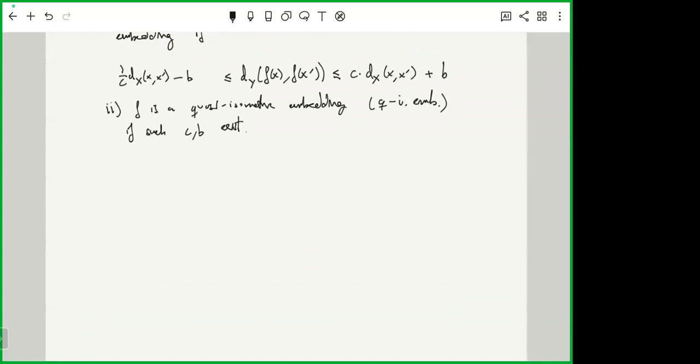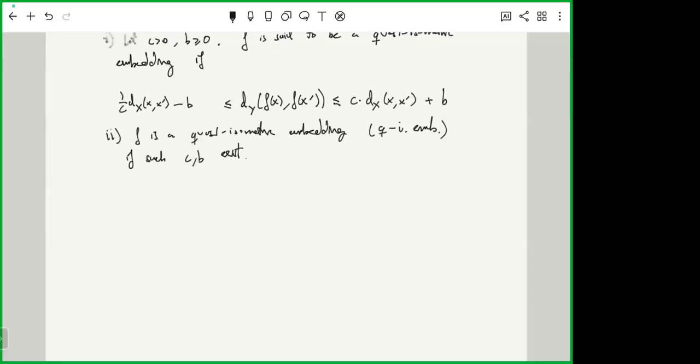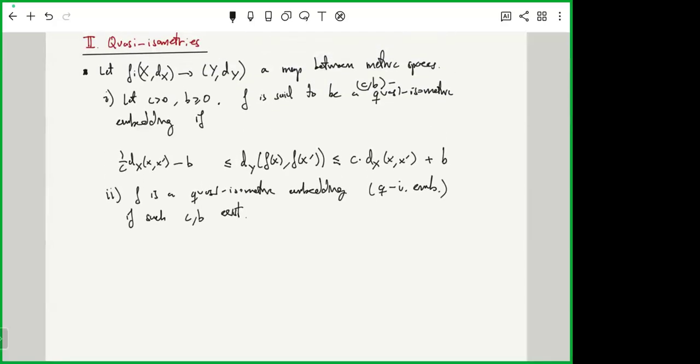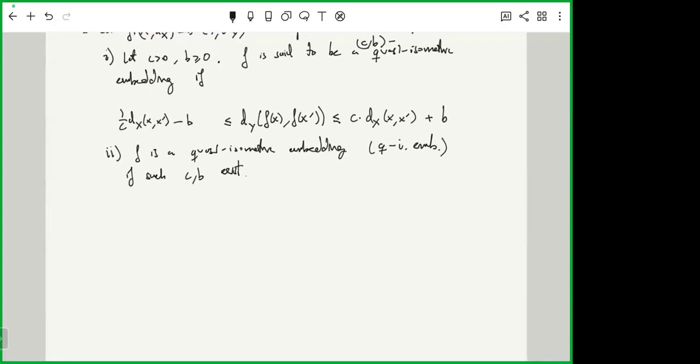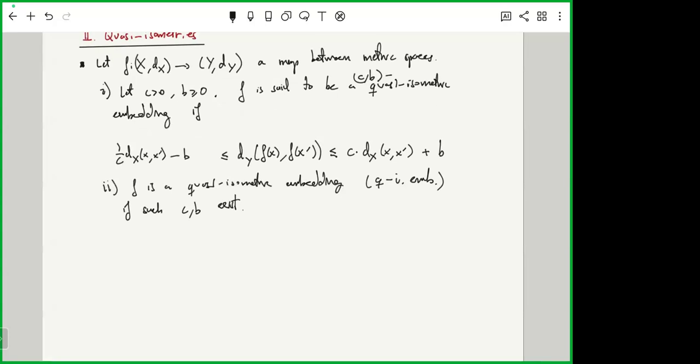Okay. Now I need to formalize what it means for two maps to look the same from far away. And this brings us to the notion of closeness.